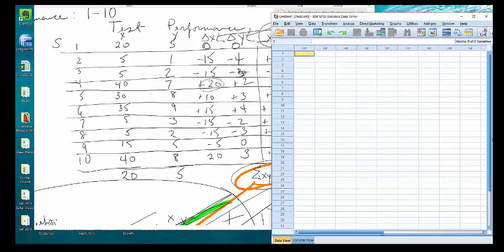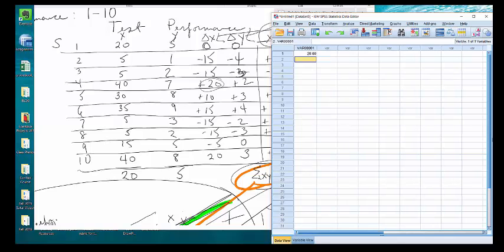So we have this one variable called test, which is a 20 here and a 5 for the second one, 5 for the third, 40 for the fourth, 30 and a 35, then a 5 and a 5 and a 15 and a 40. And so we have the 10 there.